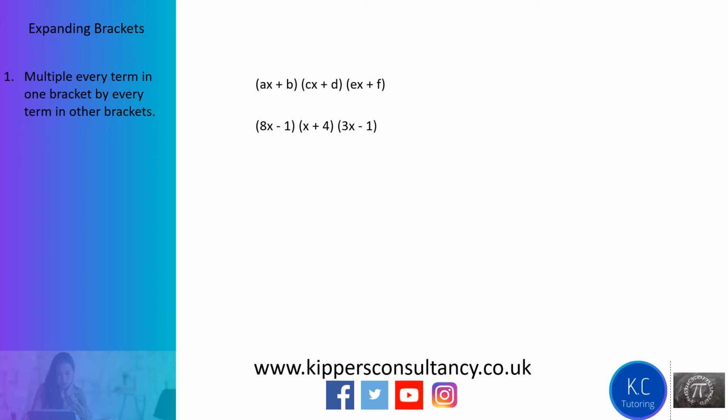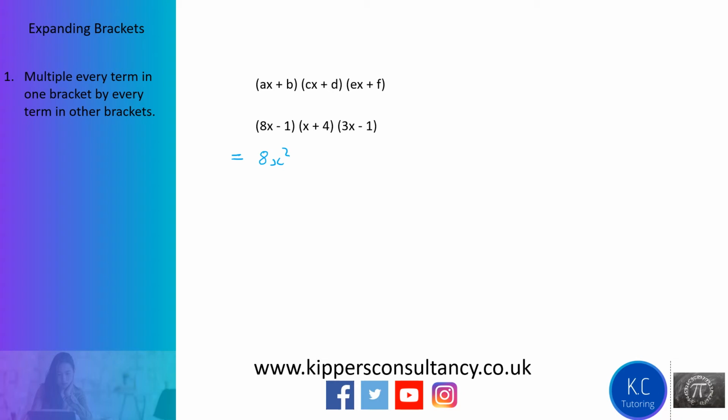Let's now look at how we can multiply three brackets. The best way to do this is to use an example. So here we go, 8x minus 1 times x plus 4 times 3x minus 1. First of all, let's focus on multiplying just the first two brackets. So that becomes 8x squared.